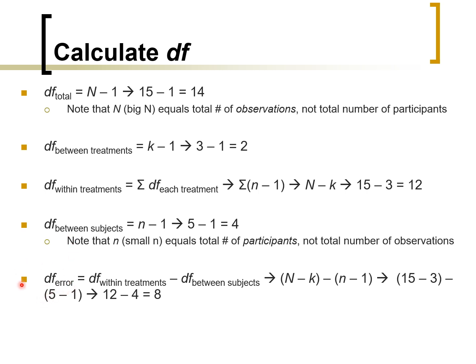And then of course we have our degrees of freedom error, meaning degrees of freedom within minus our degrees of freedom between subjects. Now the nice thing is, with your source table, you don't need to calculate all these. If you get enough of them, by logic you can infer, or working backwards sometimes, what the other value has to be. So we'll go through some examples of those as well.